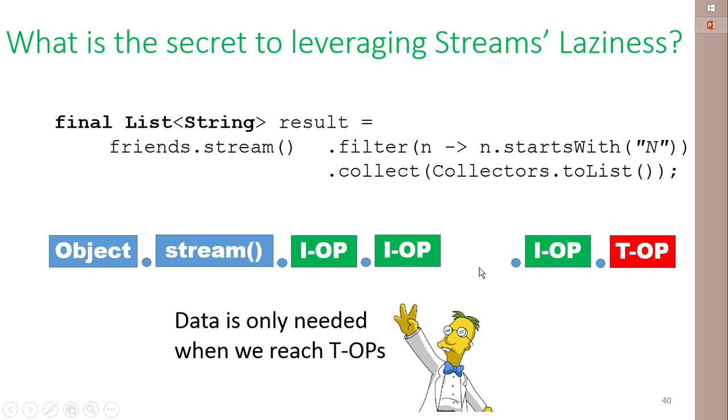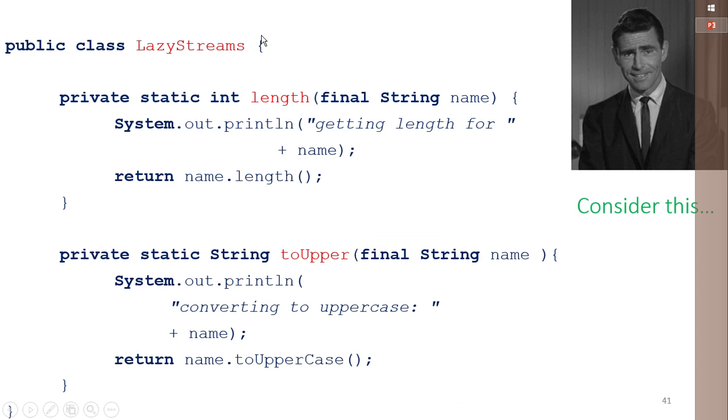Then those intermediary operations get to work to produce that one element. And if it requires only one element, then these intermediary operations are only going to do enough work to generate that one element. That's the key to Java Streams laziness and how we are going to leverage it to make efficient computation.